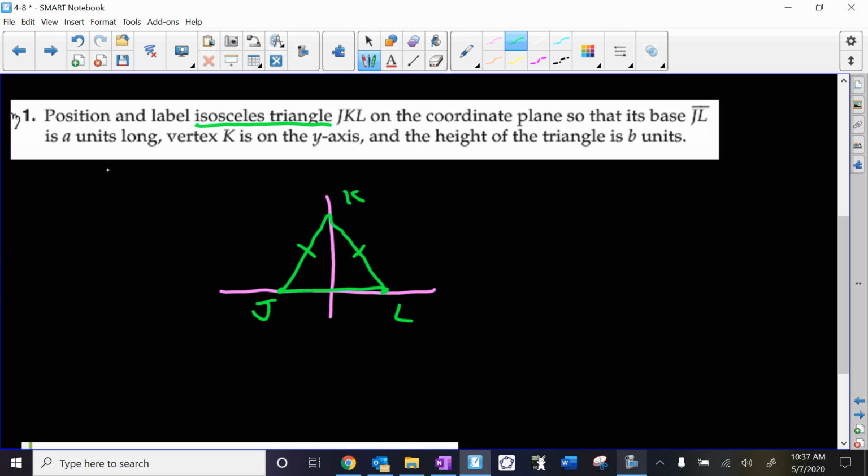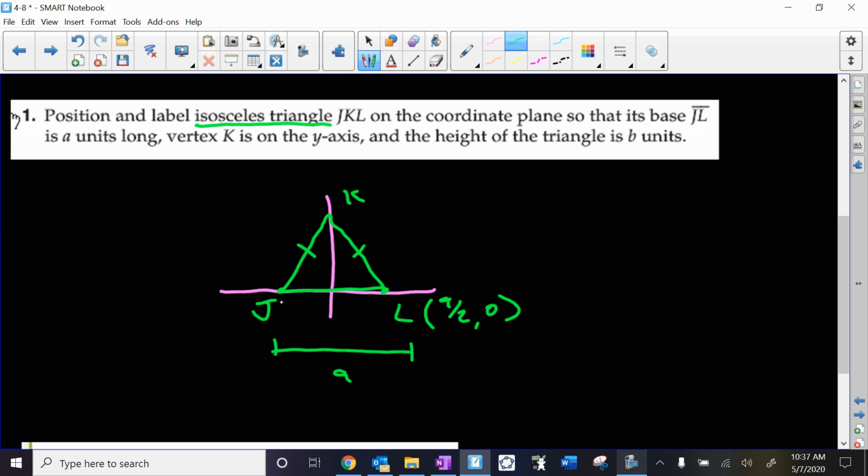All right, and it tells me that my entire base is A units long. Well, if I think of A units long, that means to go over to L, that's half of A. So we're going to say that this is A divided by 2, comma 0.